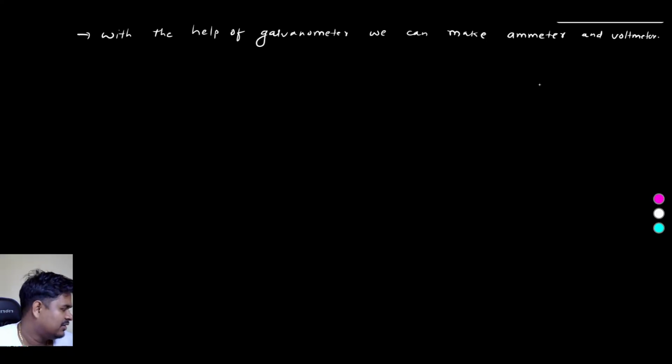So how can we achieve this? How, with the help of a galvanometer, can we make an ammeter or voltmeter?